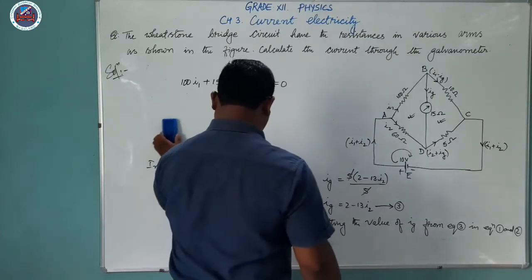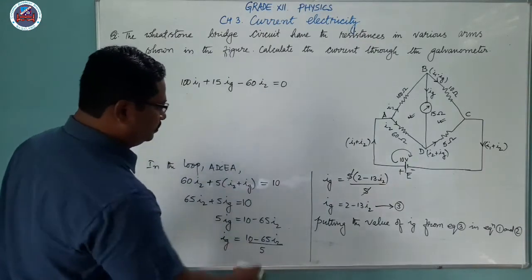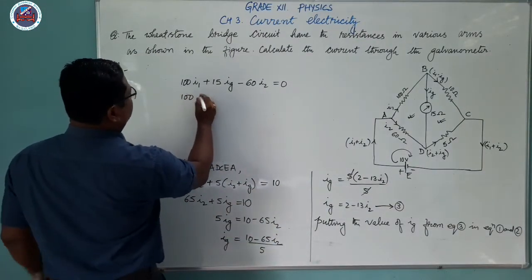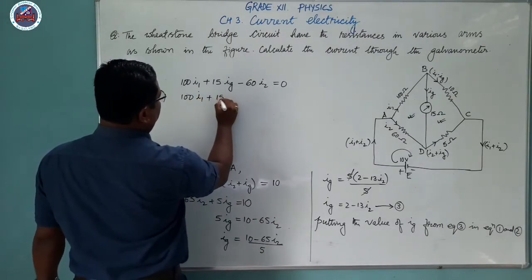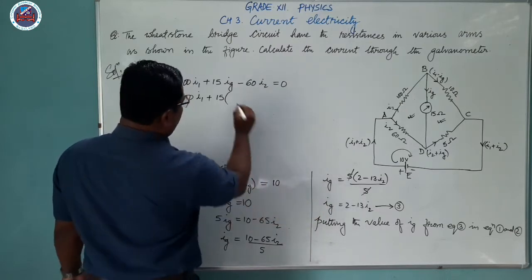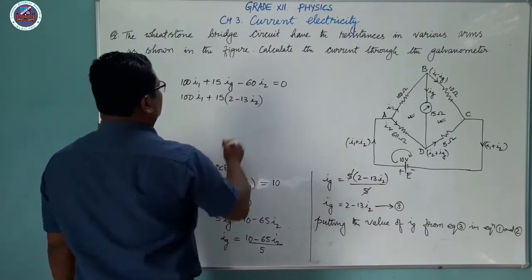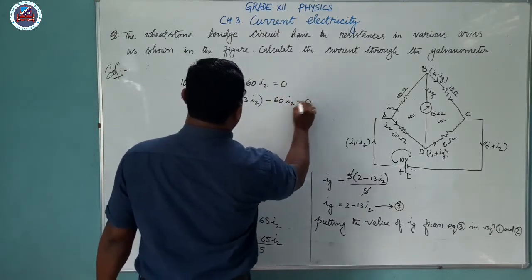You put the value of Ig in equation 1, then it will look like this: 100 I1 plus 15 times Ig, which is 2 minus 13 I2, minus 60 I2 is equal to 0.